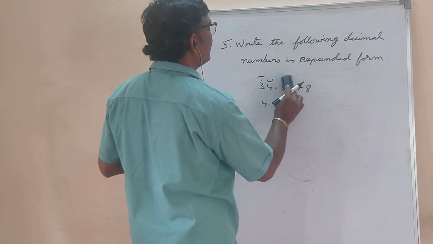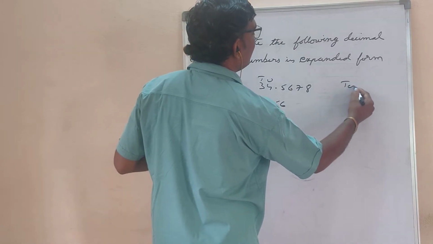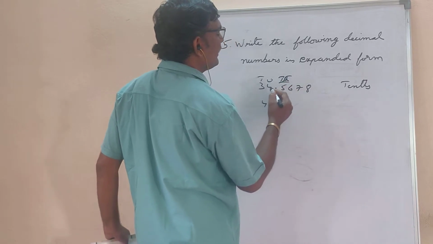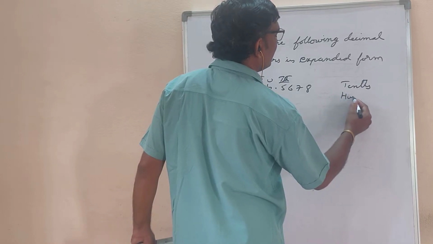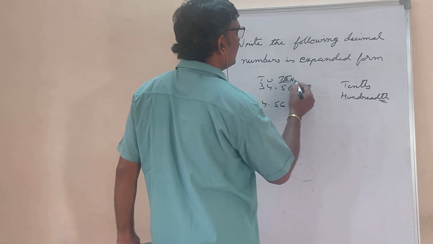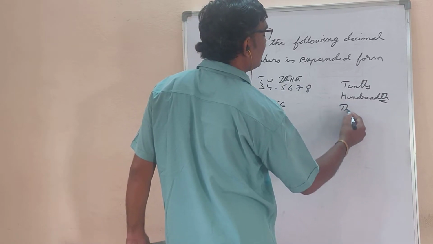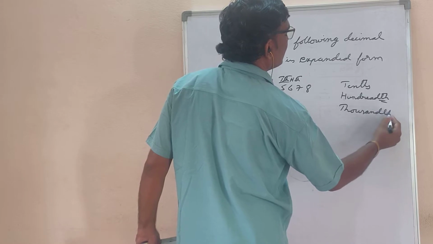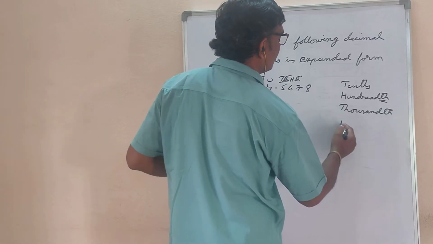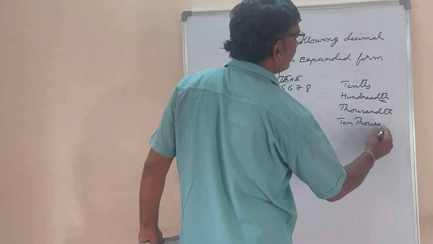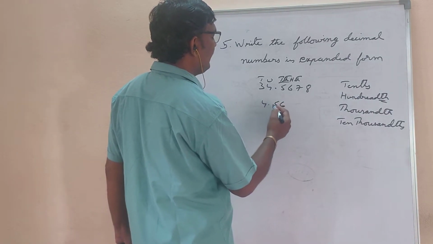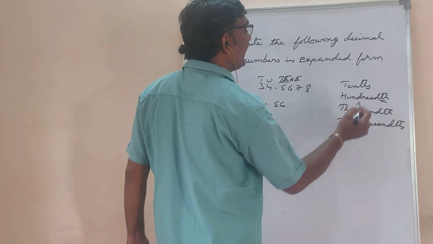Then it is called hundredth place, 7 is in the thousandth place, and then the ten-thousandth place.